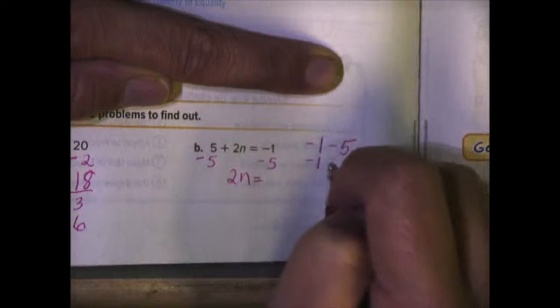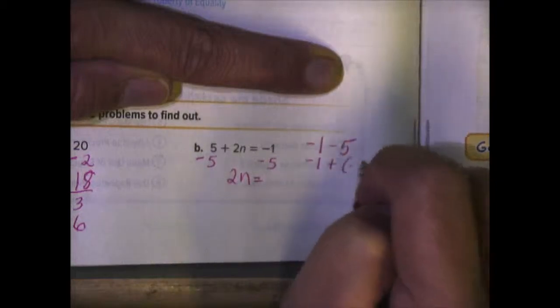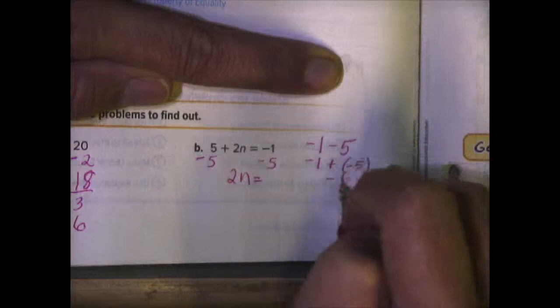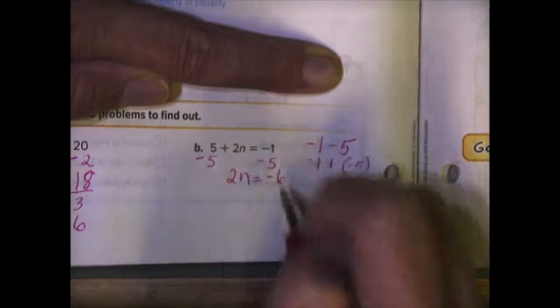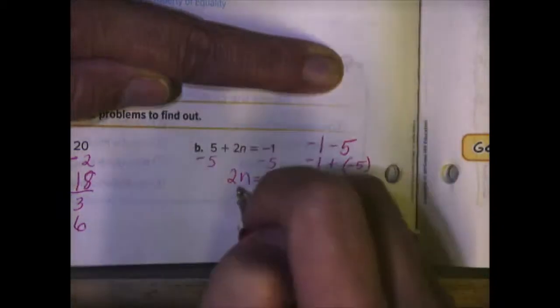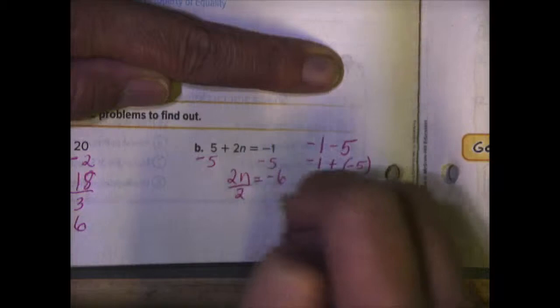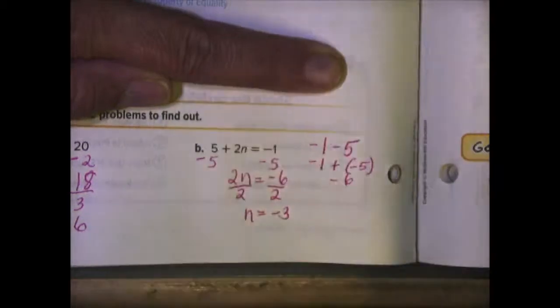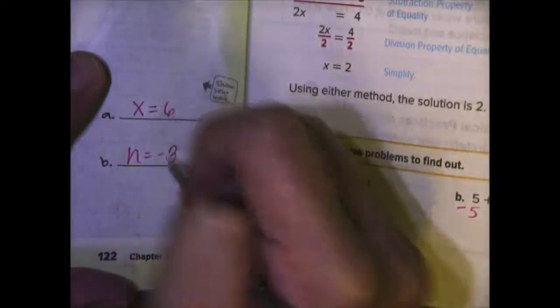Subtraction rule is same, opposite, opposite, and then we use our addition rules. Negative 1 plus negative 5 is negative 6. So 2n equals negative 6, 2 times n, so I'm going to divide both sides by 2, n equals negative 3. So we'll write our answer over to the left, n equals negative 3.